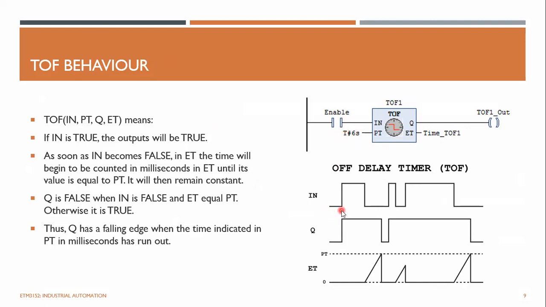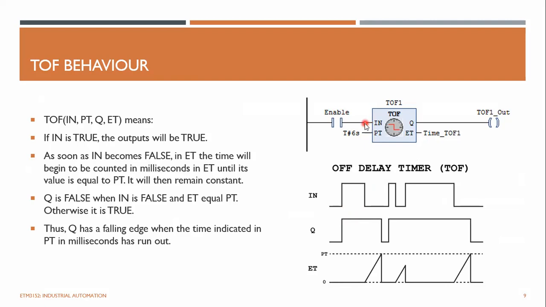So every time you set your input high, the output goes high. No matter when you remove your input, the output stays high, and the elapsed time starts counting from the time you turn off your input.